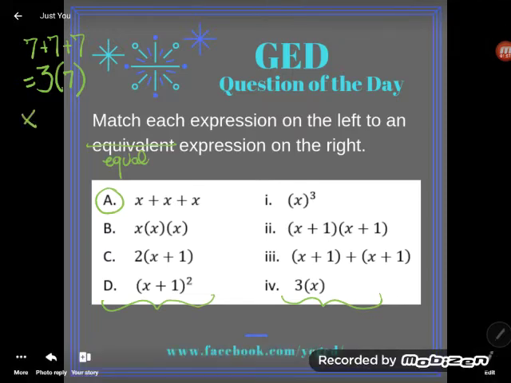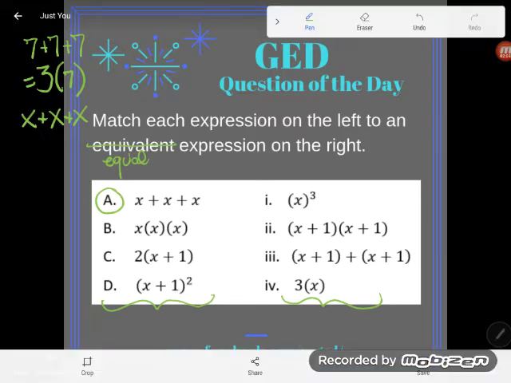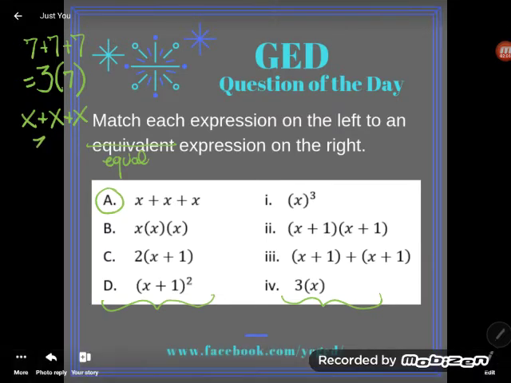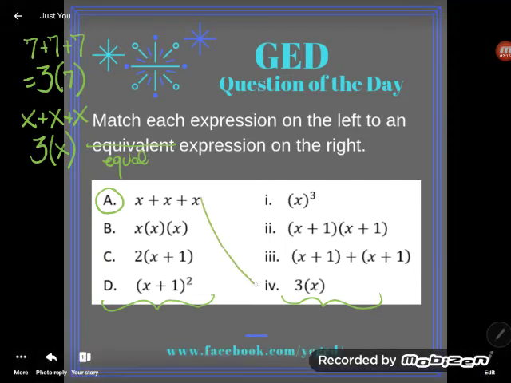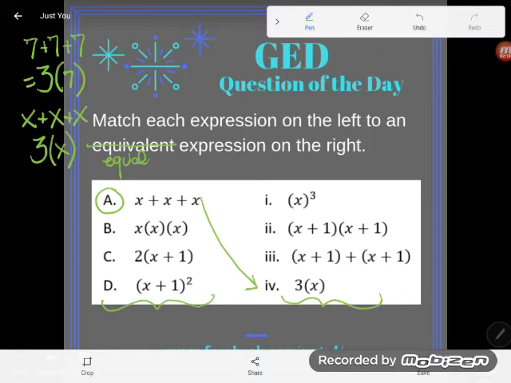If you have x plus x plus x, well, that's adding an x 3 times. So that's 3 times x, or 3 x's. So x plus x plus x, A, matches with 4, 3 times x.